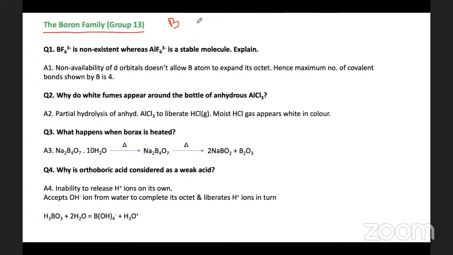So the main elements of this family are boron, aluminium, gallium, indium, and thallium.